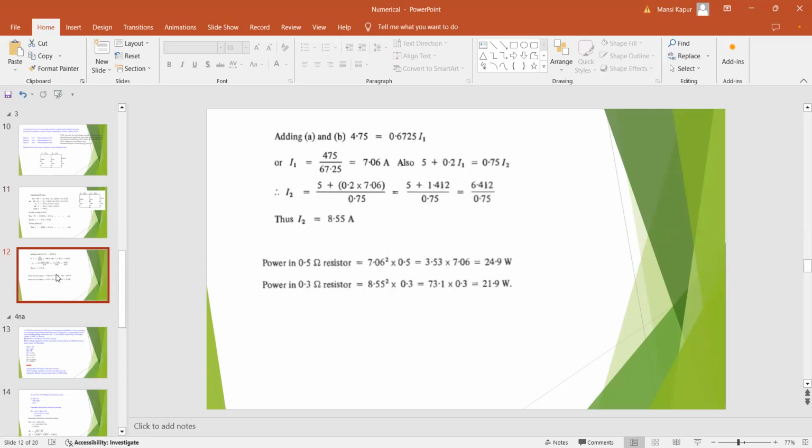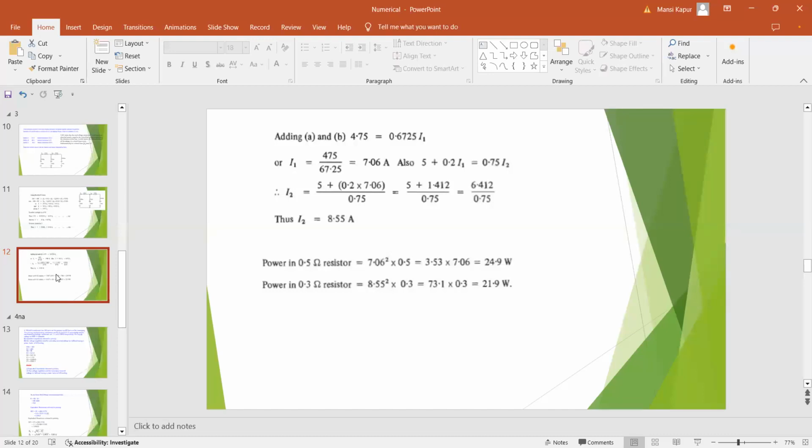Just put the value of I2 in any equation, you will get the value of I1, right? Yes. So just calculate the value of I1. Put in equation number 1: 0.95 into I1 minus 0.2 into 7.82 equal to 5. 0.95 I1 equal to 5 plus 0.2 multiplied by 7.82, that is 1.56.